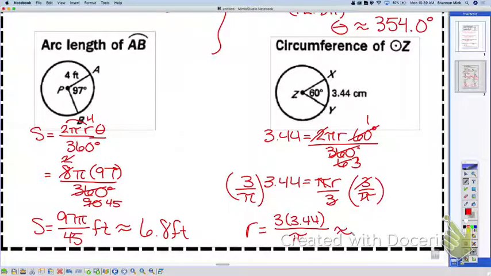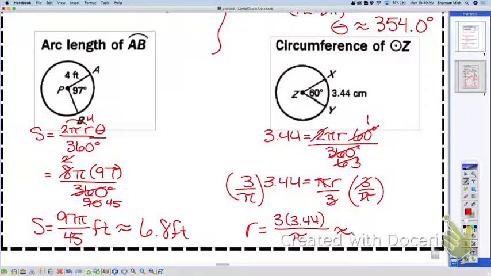Oh, and it's going to be centimeters when I'm done, I forgot. So I just took that formula, plugged things in, and moved it around, didn't I? If you remember, this just has circumference in it. It's a pretty easy formula to remember.